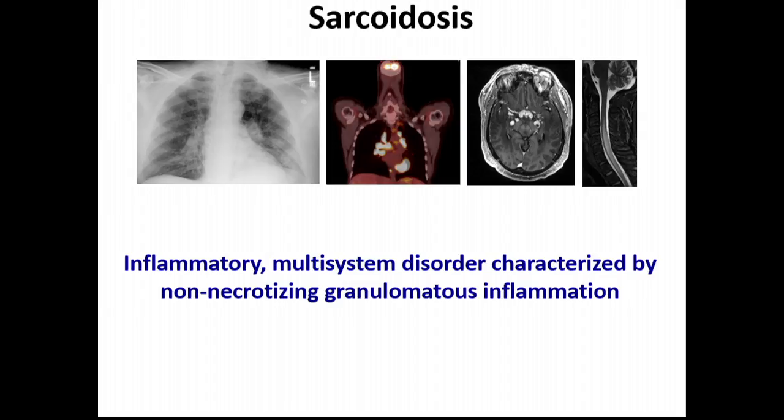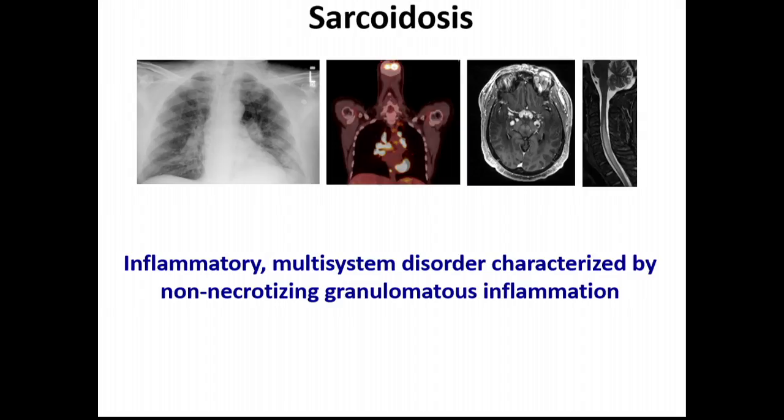So sarcoidosis is an inflammatory multi-system disorder. If we step back, it's an autoimmune, inflammatory disorder, multi-system in the traditional definition, meaning it's not just one organ system. We're going to come back to that, but the classical definition is that it affects the whole body. It's systemic, it's multi-system. So sarcoid-like inflammation in one organ system is sometimes classified as its own entity. In the gut, it's granulomatous inflammation.